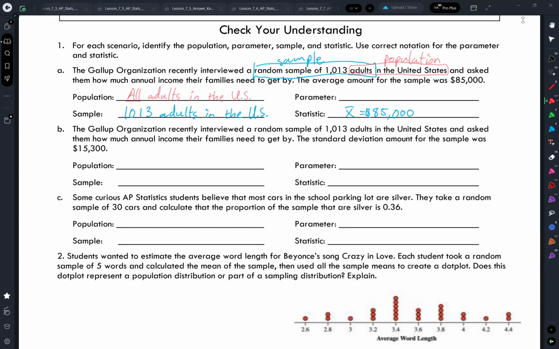And then the parameter would be the true mean annual income needed for families to get by.